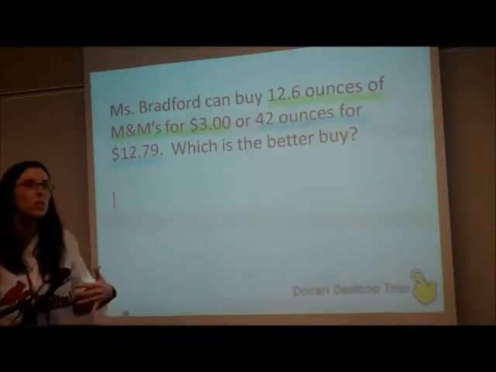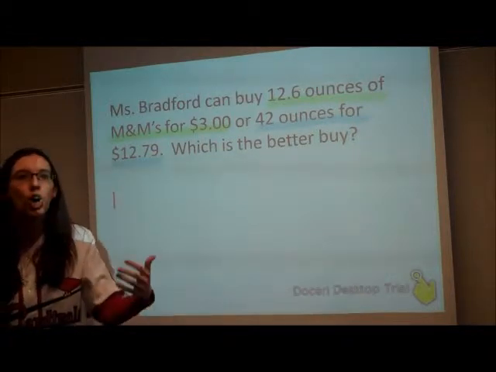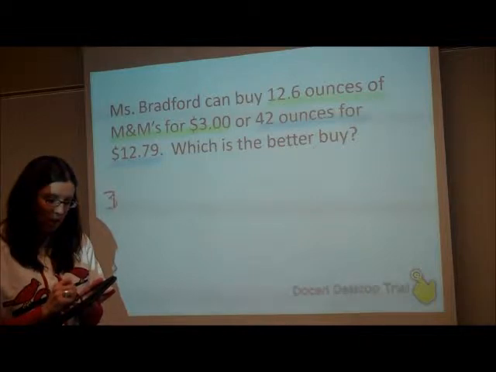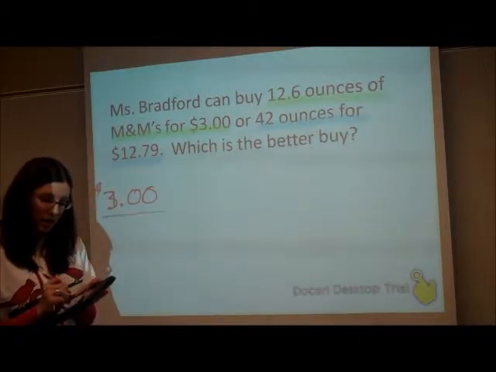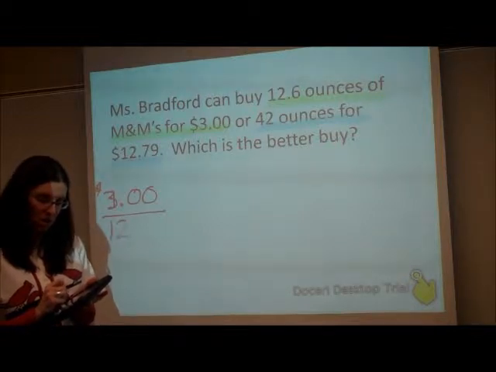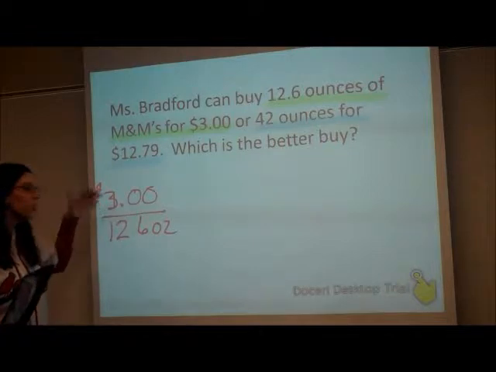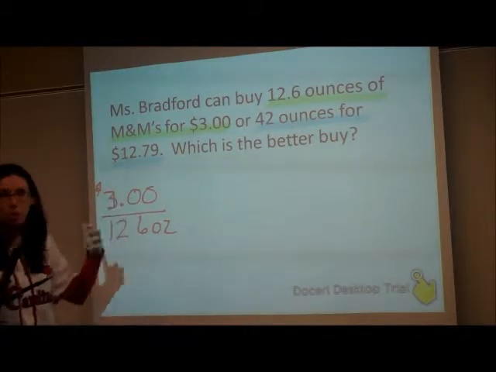So with the unit cost, again, I said that I'm looking for how much I am spending per ounce. So that means my money is going to be in my numerator, and my ounces is going to be on the bottom, because I'm eventually wanting to find the cost per ounce, or the cost per pound, or the cost per package.